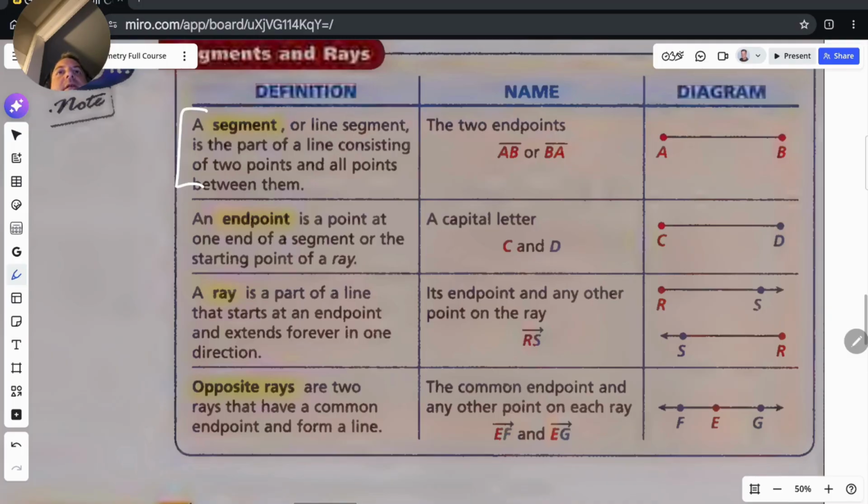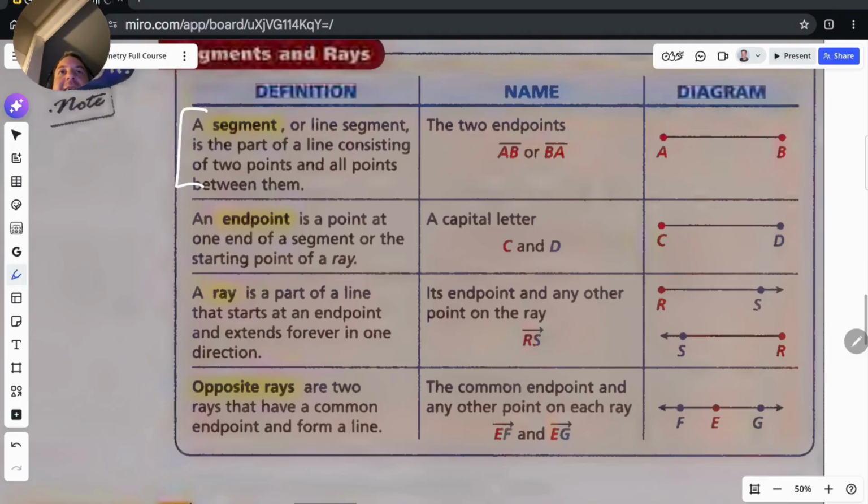So think of it like this. A line goes on forever in both directions, but a segment is just a piece of a line. It has a clear beginning and a clear end. Snip, snip. Take it out of the infinite arrows that point in both directions. Snip, snip. And now you have a finite measurement.